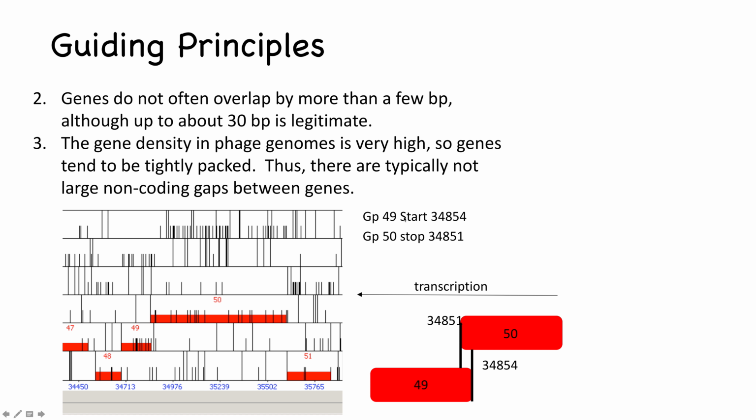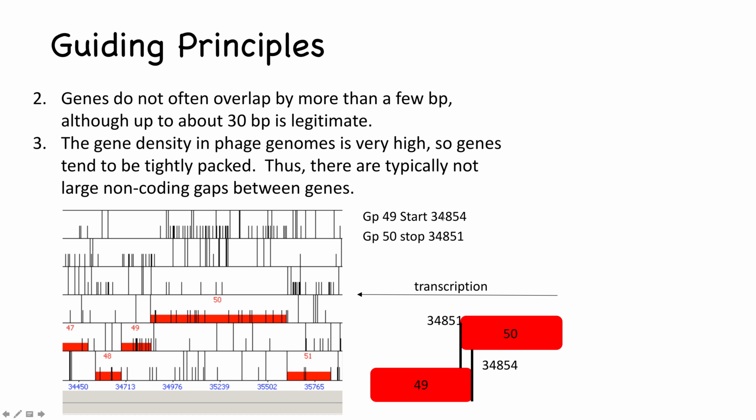Here I'm showing you an example of GP49 and GP50. If you look closely, you can see here's the start chosen for GP49, and here's the stop for GP50. If I'm analyzing GP49, I'm looking to analyze the overlap with the stop that's just upstream from GP49.